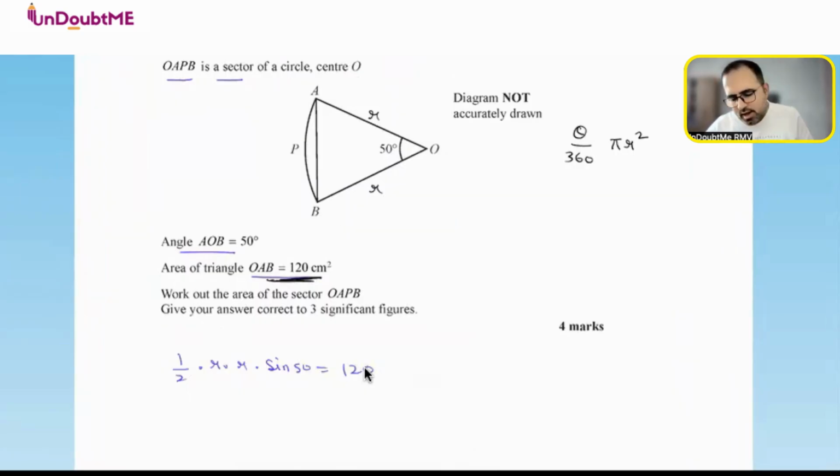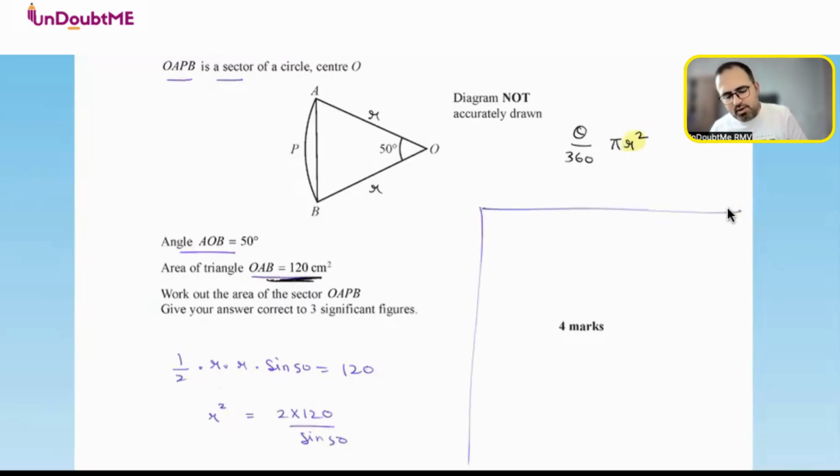Now, if you look at our actual requirement, we don't need the radius, we need r square. So if you are smart enough and understand this point, you need not find the r value here. You can just find the r square value. So that will be 2 times 120 over sine 50. And this r square value, you can put straight away in that formula.